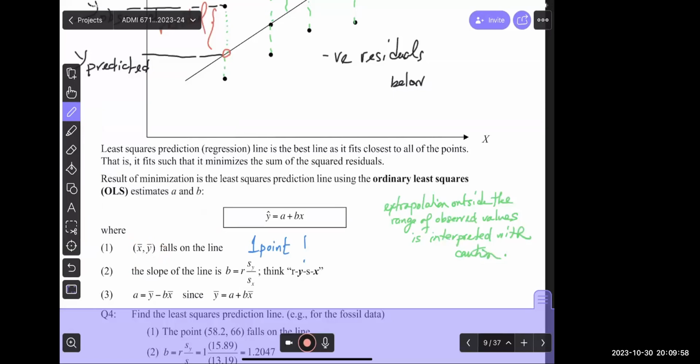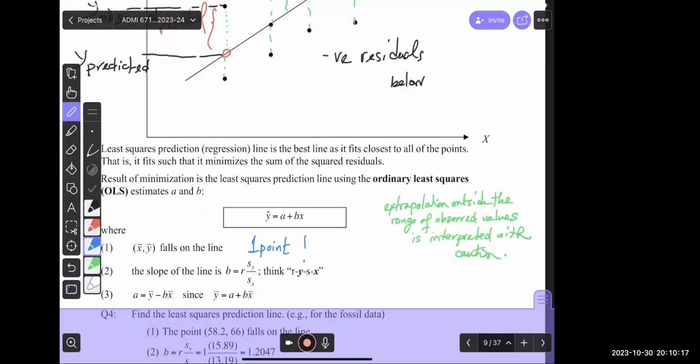The slope, the result of the calculus minimization of the squared residuals, gives us this result for the slope. So notice the slope and the R are related.